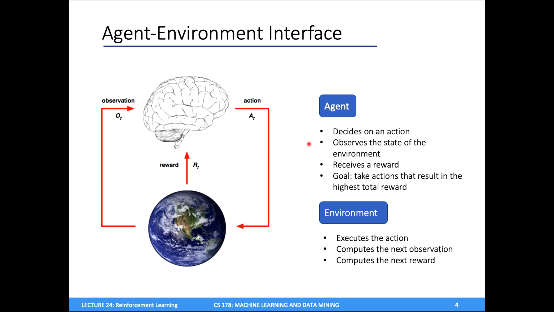After taking this action, it observes the state of the environment as a result of whatever action was taken. The agent then potentially receives some kind of reward from the environment. The goal of our agent is to take actions over time that are going to result in the highest total reward. So our agent is something out there that wants to make money or survive, or is an animal and wants to reproduce or something like this. It's some kind of decision maker interacting with the world.